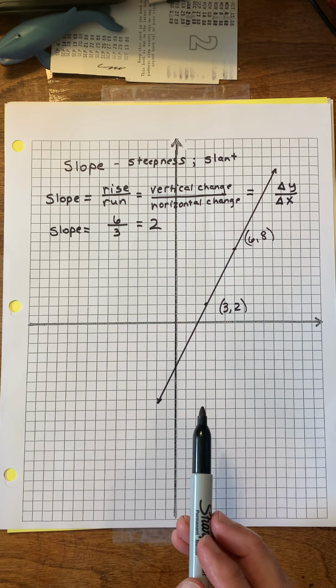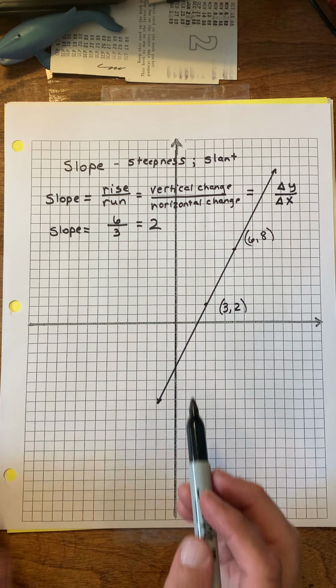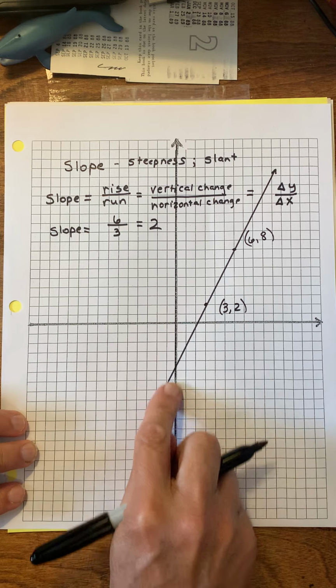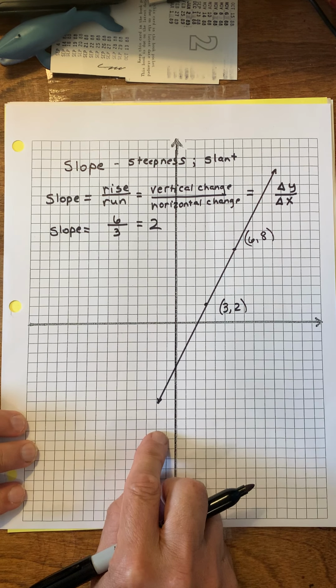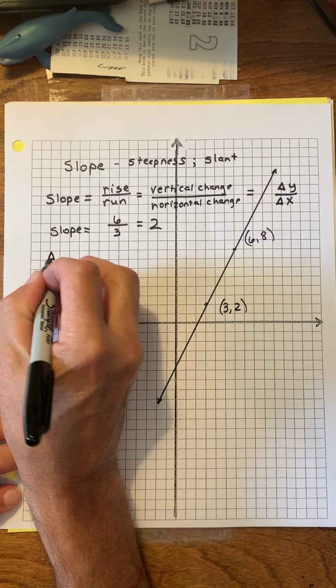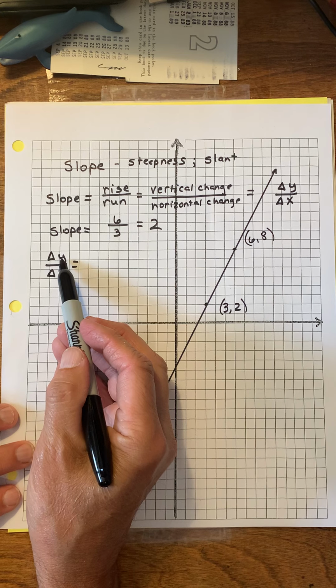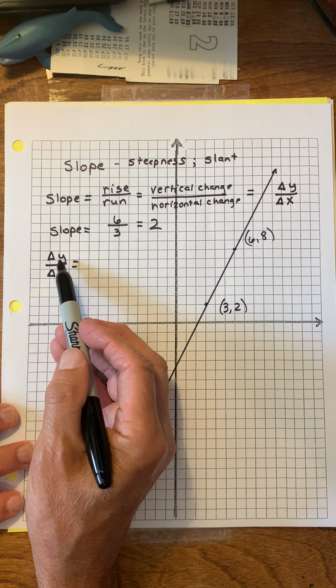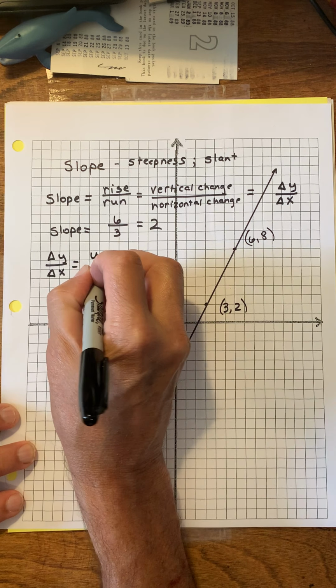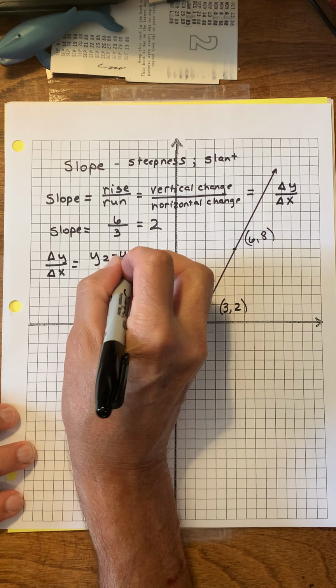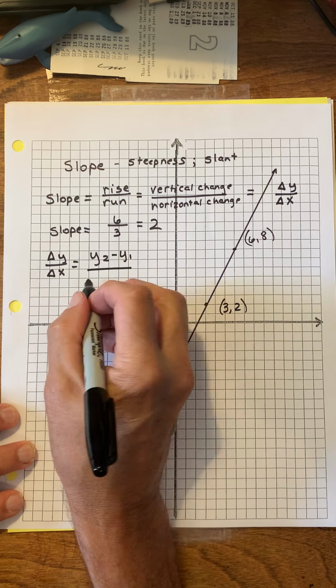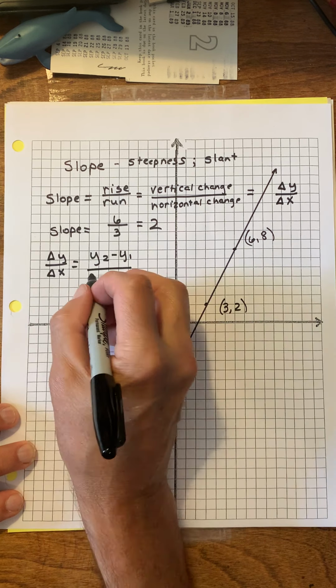Well, there is another way, and in fact a way that doesn't require that I even have a piece of graph paper or a line drawn between 2 points, and it involves this delta y over delta x. Once again, the change in y is represented by a subtraction, so we could say it's y2 minus y1, change in x, x2 minus x1.